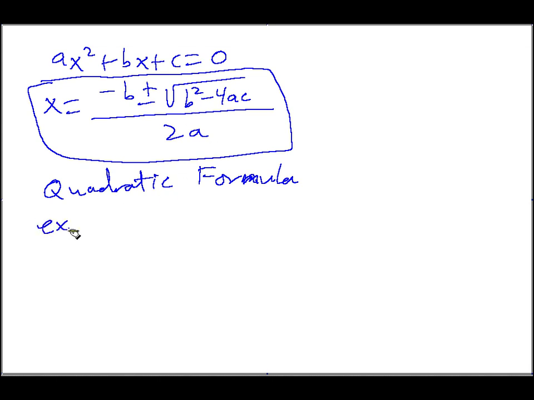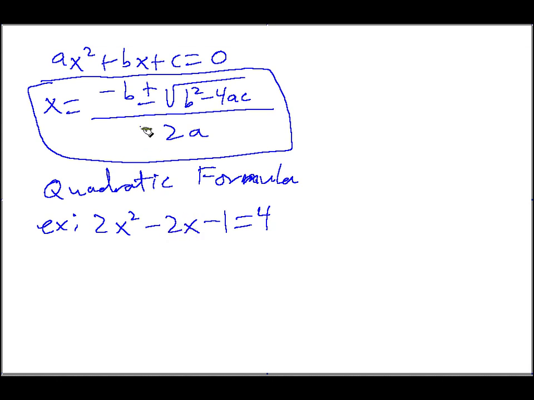So consider this problem. Let's make it 2x squared minus 2x minus 1 equal to 4, let's say. Let's see how this turns out.